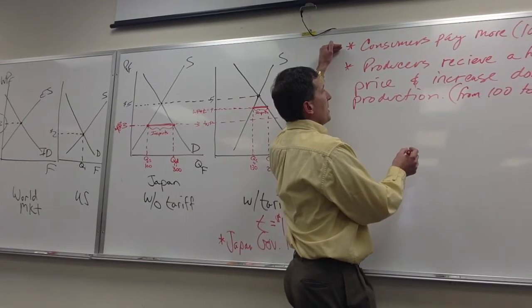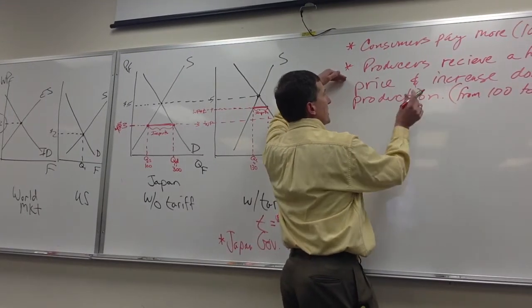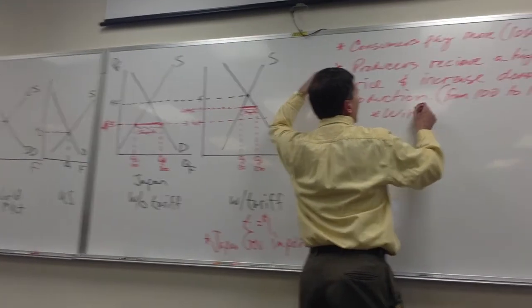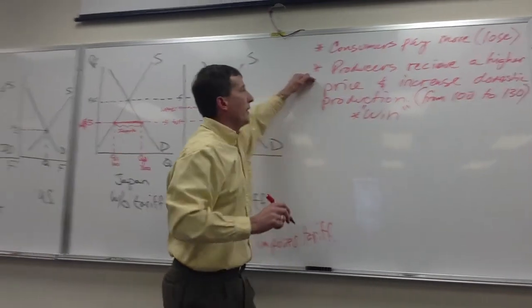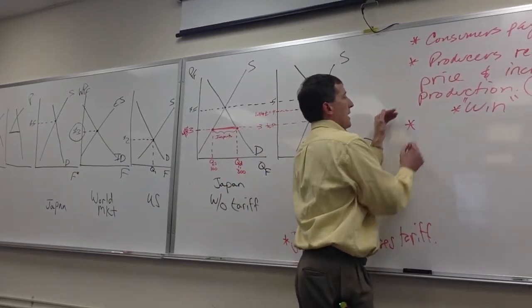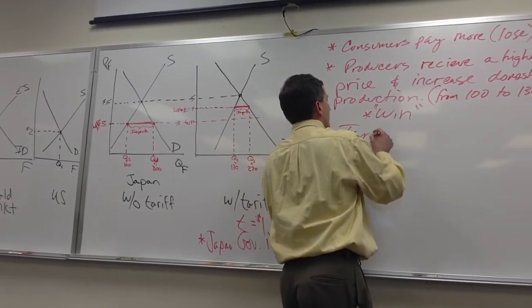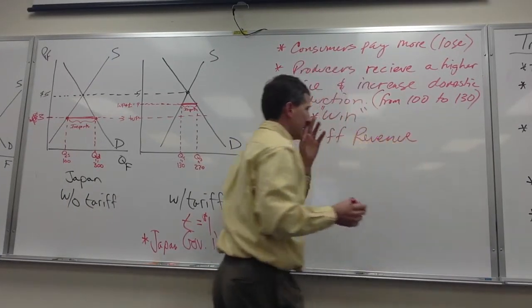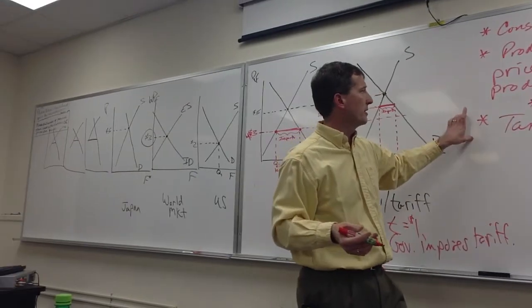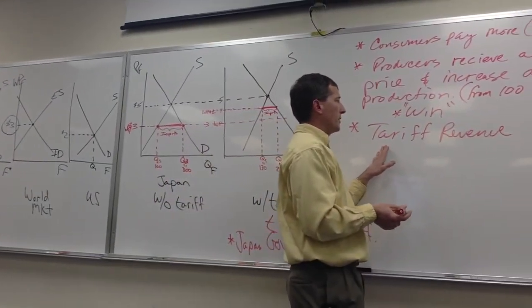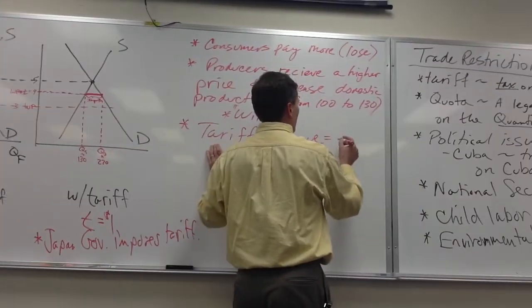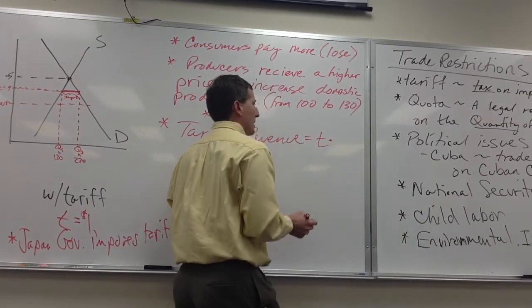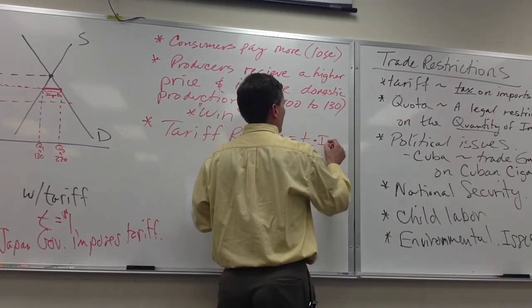So, consumers pay more, they lose, producers receive a higher price, they win. And then the other result is that we have tariff revenue. This is just government tax collections. We have tariff revenue equal to little t times the quantity of imports.